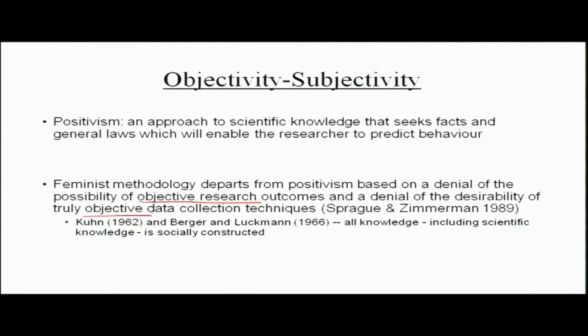We see the principles forwarded by Kuhn and Luckman, that all knowledge, including scientific knowledge, is socially constructed. We are talking particularly about gender here: if you take any knowledge that is produced around gender, gender performance, gender patterns, gender relationships, any concept that revolves around gender, you will see that the knowledge produced around it is socially constructed.